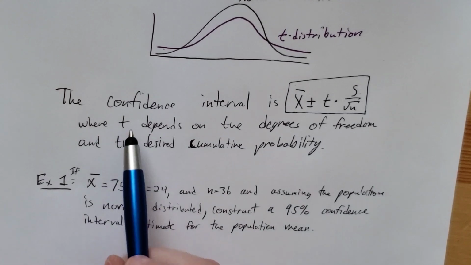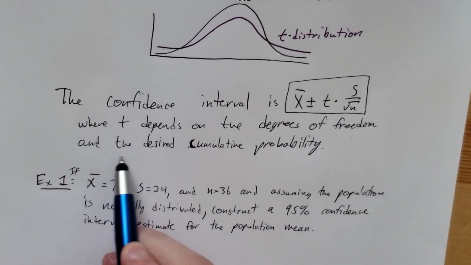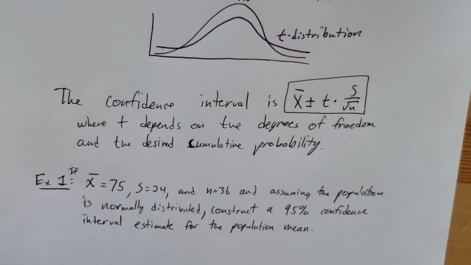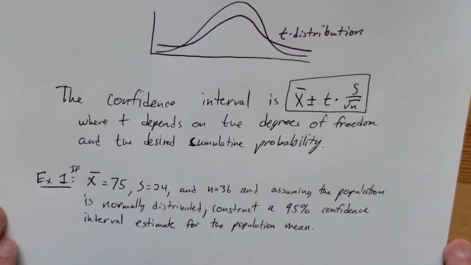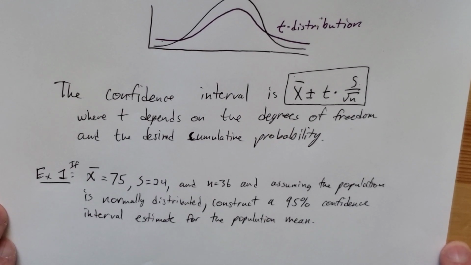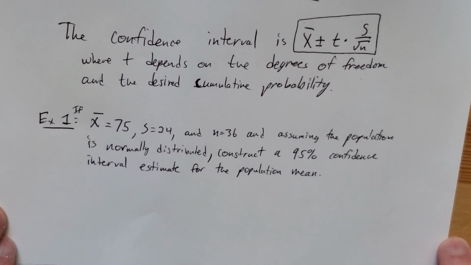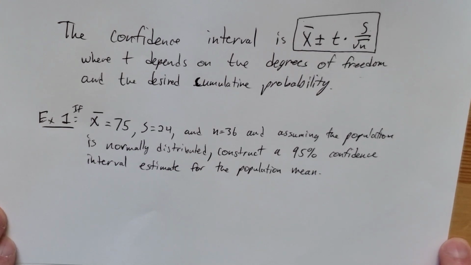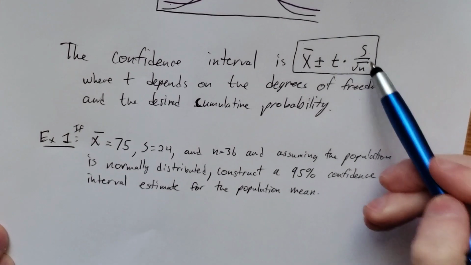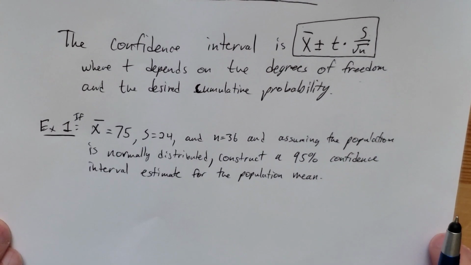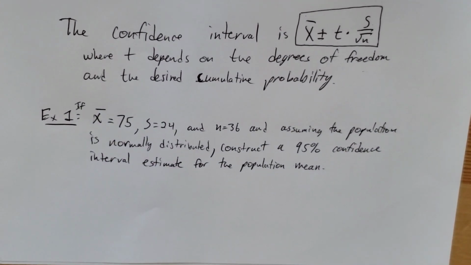And what is t? t depends on the degrees of freedom and the desired cumulative probability. We're going to work this out in pretty much the exact same way as when we knew the population standard deviation, except now we're using the sample standard deviation and a t-value that we get from a different chart. Okay, so let's do one example.